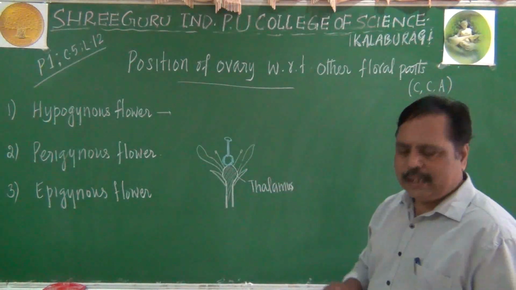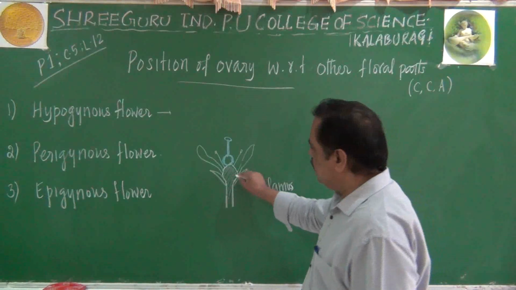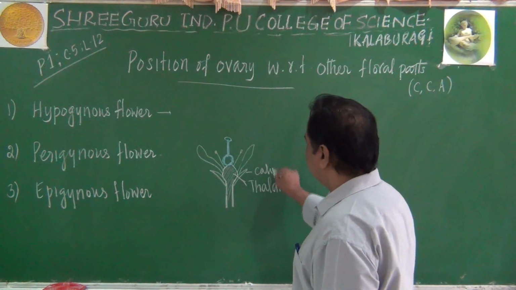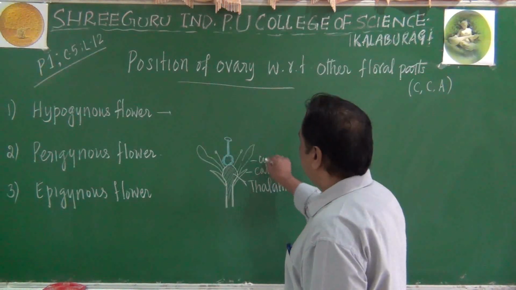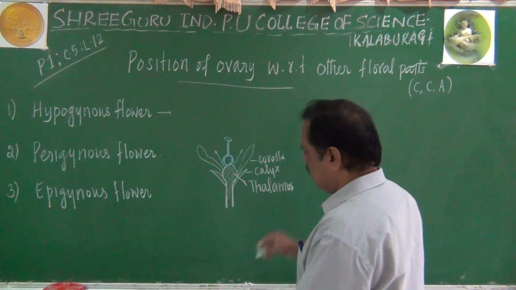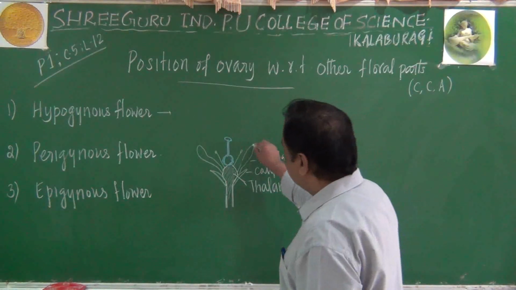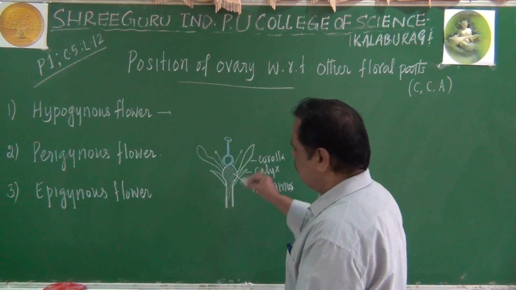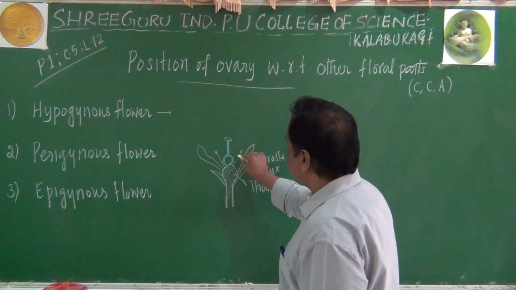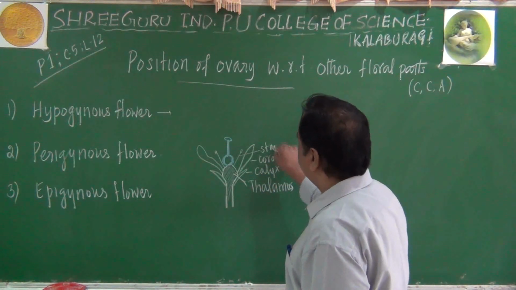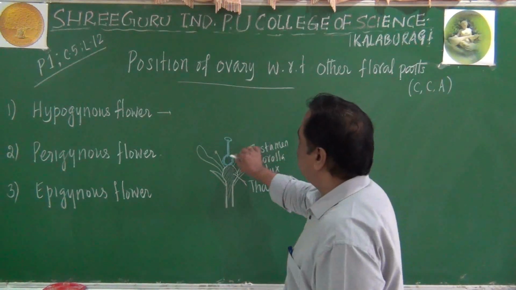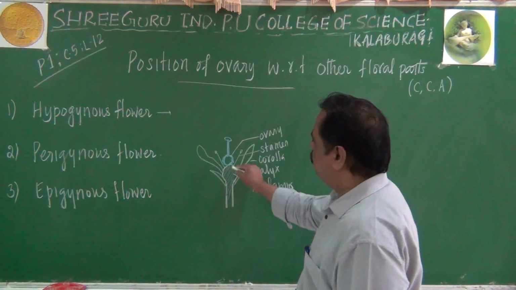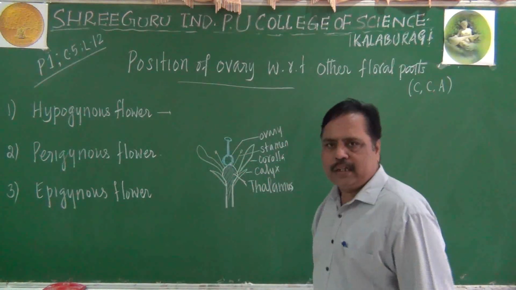Do you understand the diagram here? This is the thalamus, this is calyx, this is corolla, otherwise petal we can say. These are the petals, this is the calyx, this one is stamen, and here ovary is present like this.